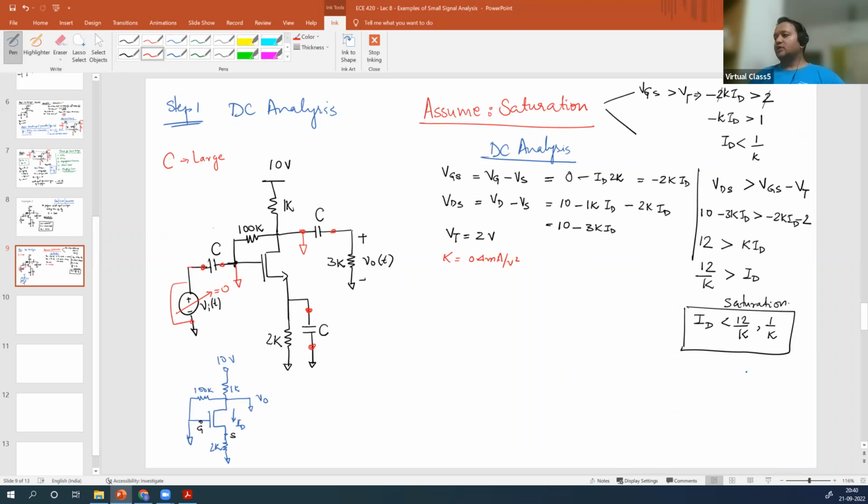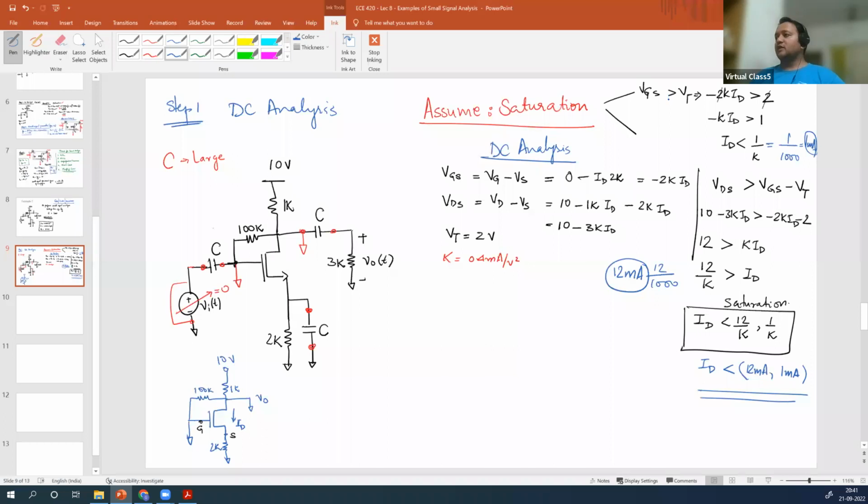ID should be lower than 12 milliampere, comma 1 milliampere. So what is the lower among the two? This is one inequality that you have to check. With this, you find out what is now GM. Fill up the other equation. Now find out what are the other values.